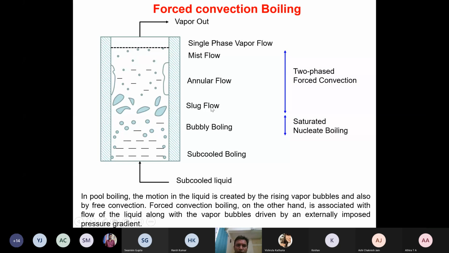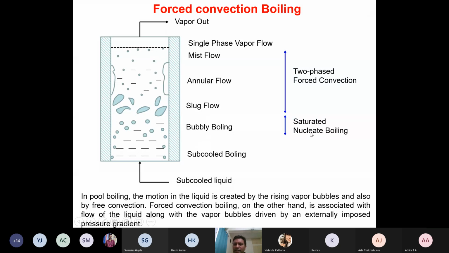So here you can see the liquid is flowing through this container by the external pressure gradient. Subcooled liquid is added here in the container and the vapor is coming out from this container, and the wall of this container is heated. Up to this point, only up to the subcooled region, liquid is present predominantly.